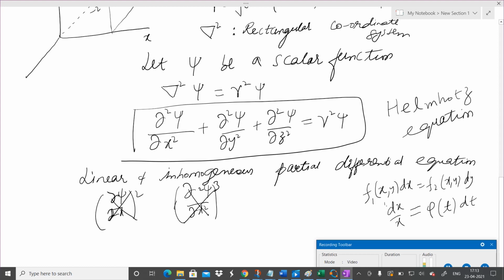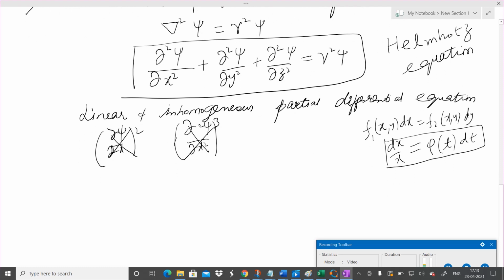If we can write any equation in this form, so that we can easily integrate both sides, such an equation is called a homogeneous equation. And here we see there is nothing like that, so these are inhomogeneous partial differential equations. We can't directly write it in a way where we integrate both sides to get the solution. We need to do something.